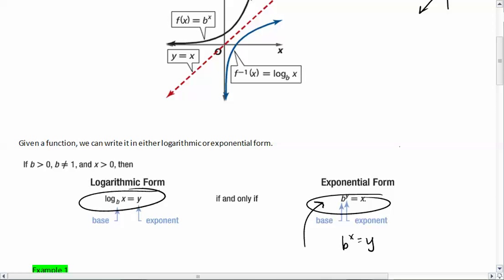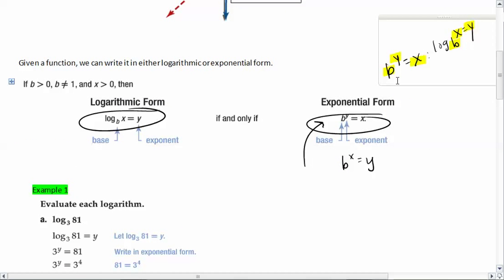B to the y equals x, this is a very important thing to know, is the same as log base b of x equals y. So these three terms you're looking at, b, x, and y, this is how they would show up in another way. We can write that two separate ways. Exponential form is b to the y equals x. Logarithmic form is log base b of x equals y.